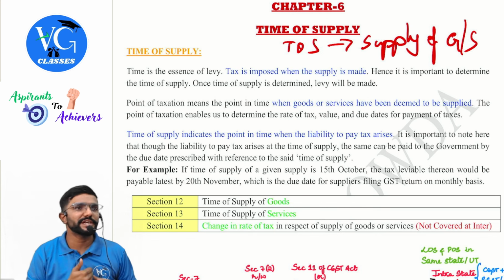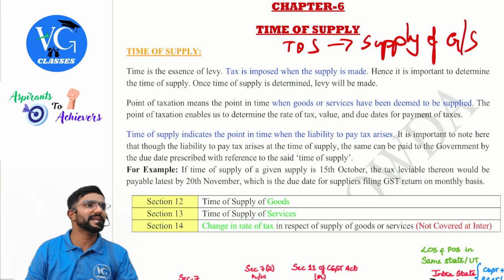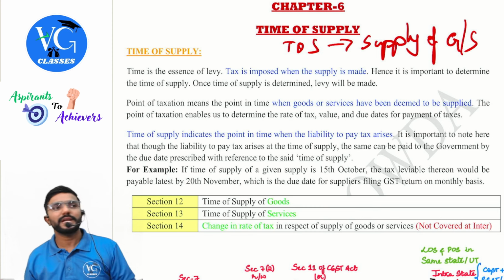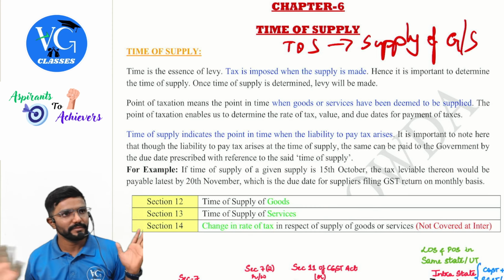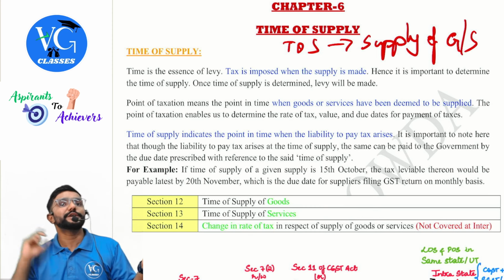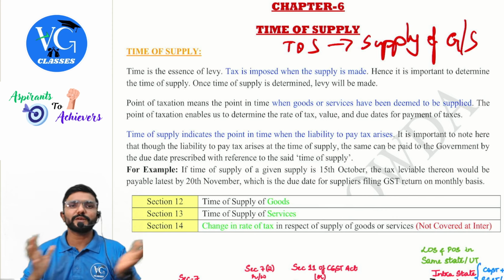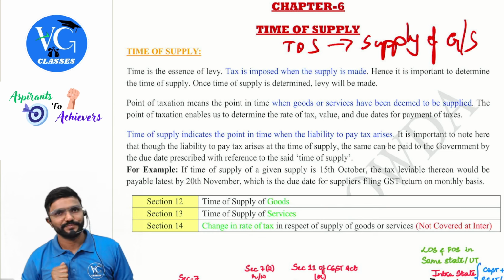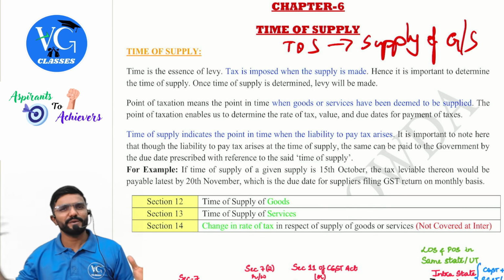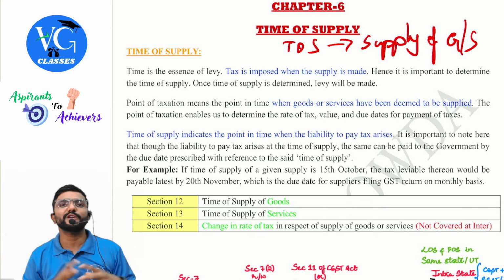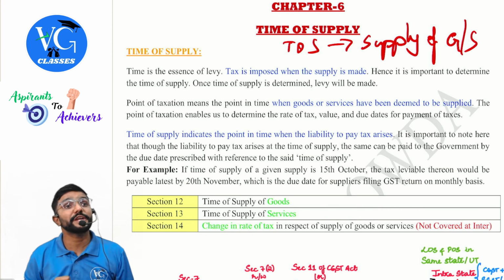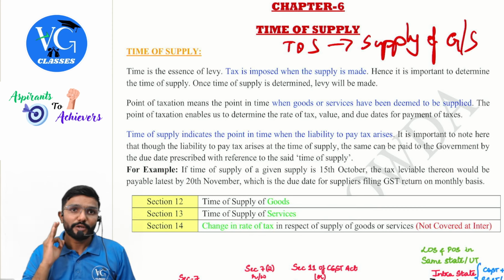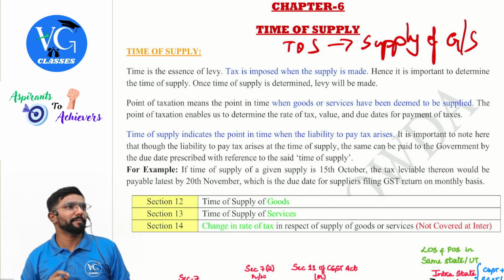But here I am just mentioning it because students might get confused with time of supply and due date of payment. Time of supply and due date of payment is not the same. But time of supply will decide your due date of payment. Normally the due date would be 20th of next month. There are a few special cases where the due dates would be different, but for whoever is following section 9 normal levy and is not following QRMP, the due date is 20th of next month.